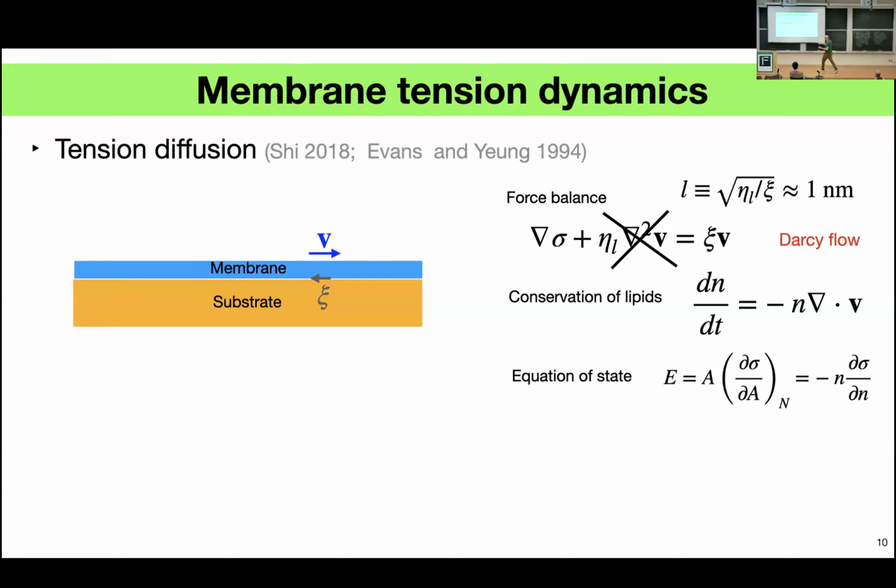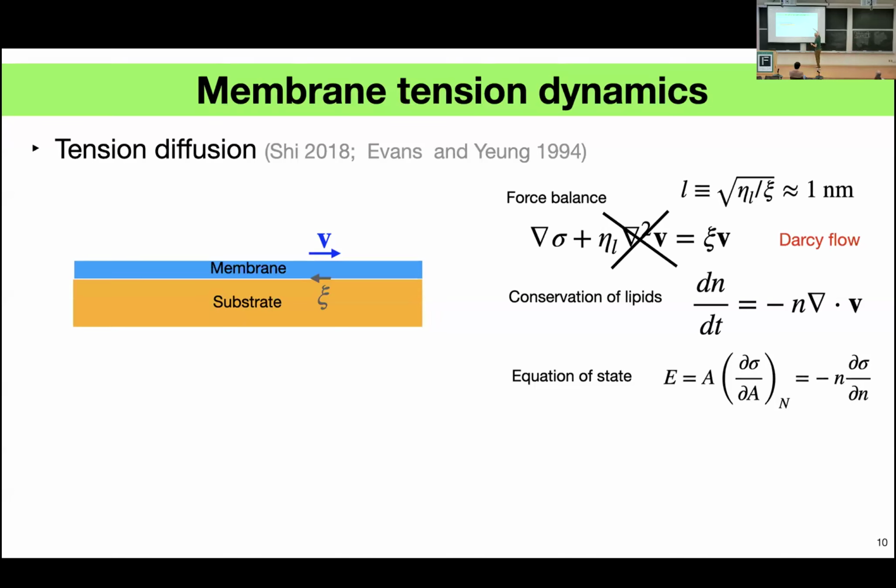Think of this as the two-dimensional analog of the usual definition of bulk modulus in thermodynamics. Using the fact that sigma is an intensive function, the usual thermodynamic rigmarole, you can express the stretch modulus in terms of changes in the tension due to a change in the density of lipids. Again, little n is the projected density of lipids.